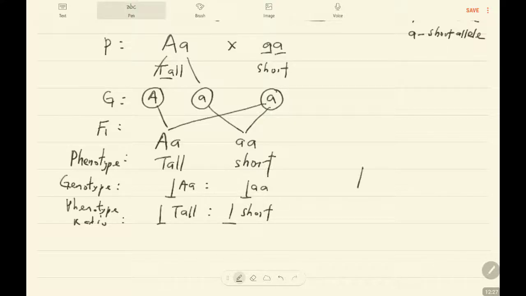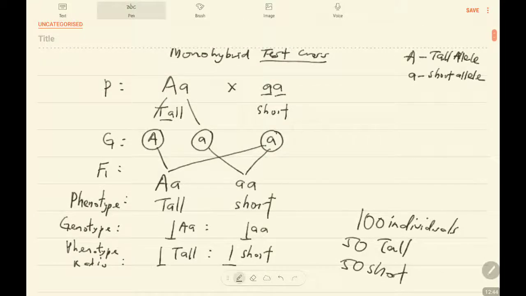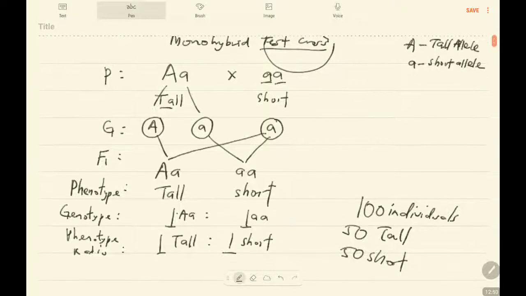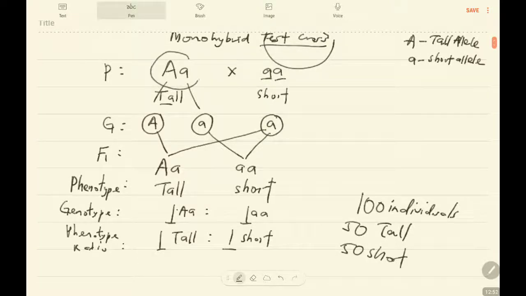So if we have 100 individuals, there will be 50 of them tall, 50 of them short. This is the ratio, or we say that 50% and 50%. So this is the result of the monohybrid test cross. So if you get 1 to 1 as the ratio, then we know that this unknown genotype is heterozygous.